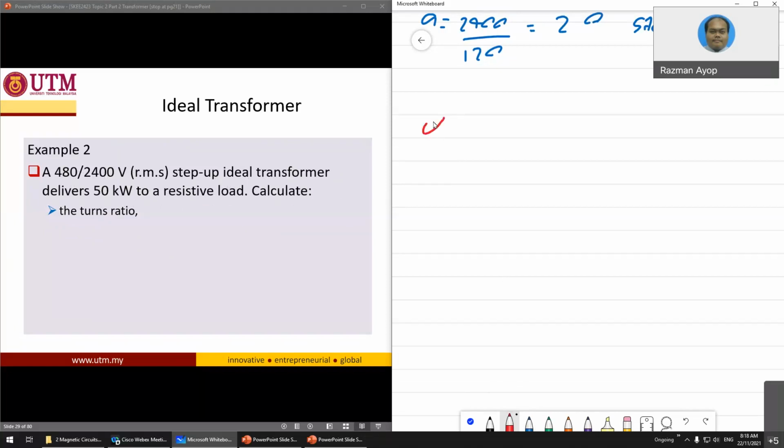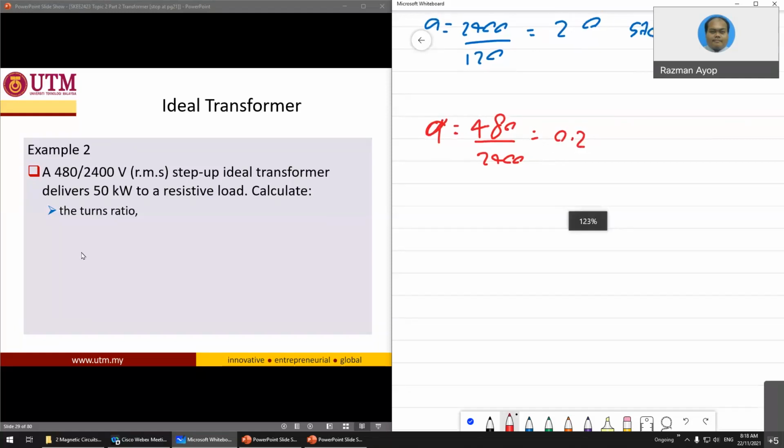Of course, A equals E1 480 divided by 2400. Use your calculator, so 0.2. This is the turn ratio.